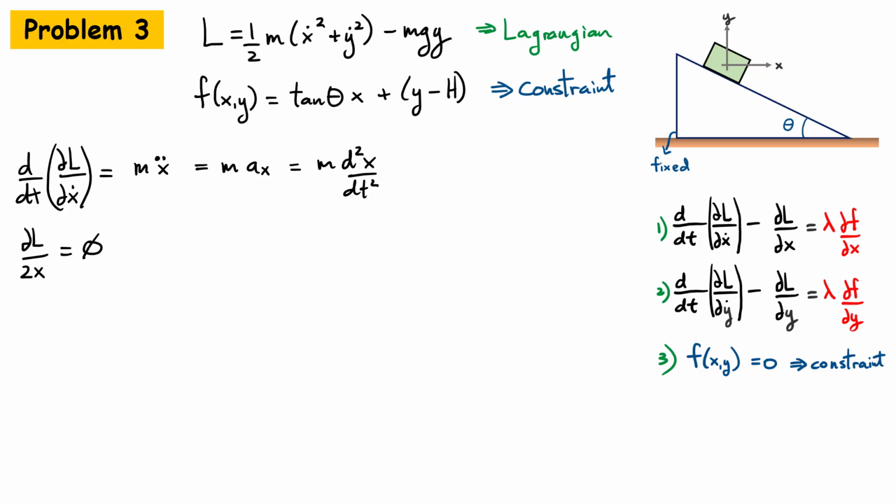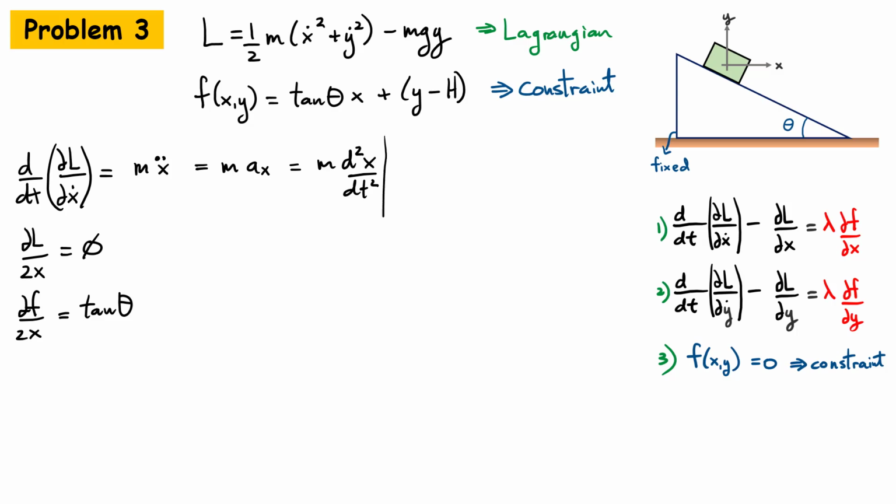Here's the constraint equation, so we need to evaluate df dx. Tangent of theta is a constant, so it's simply equal to tangent of theta. That's it for those three terms.